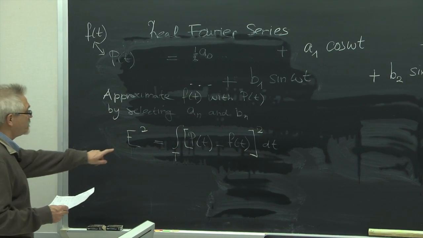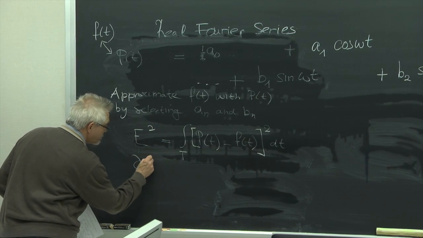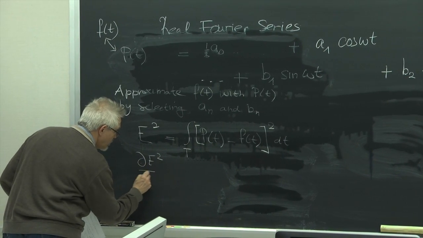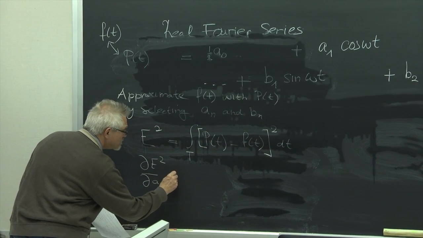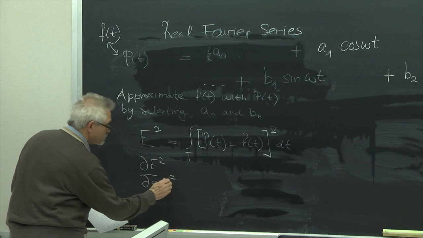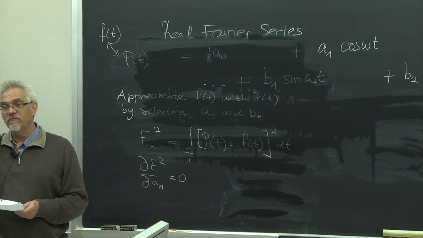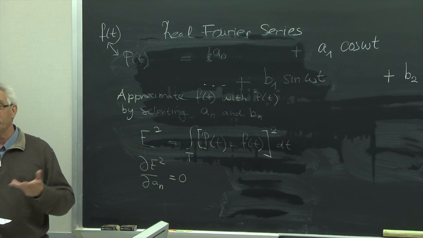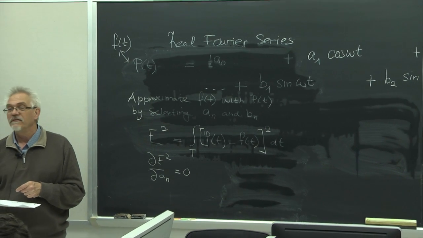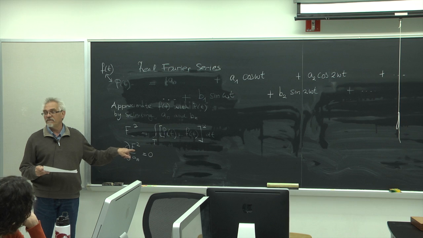And now I'm going to minimize this error, and I do that by taking the derivative and equating that to 0. If you think about your calculus class, that's the way of finding the extreme value. In this case, I'm not proving to you that it is a minimum, but it actually is.